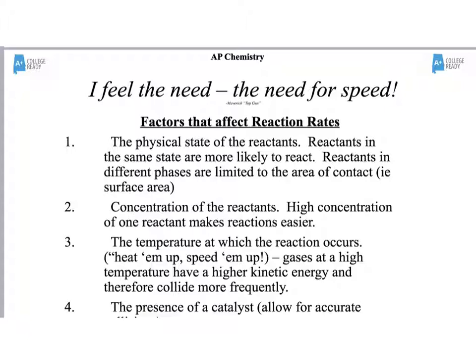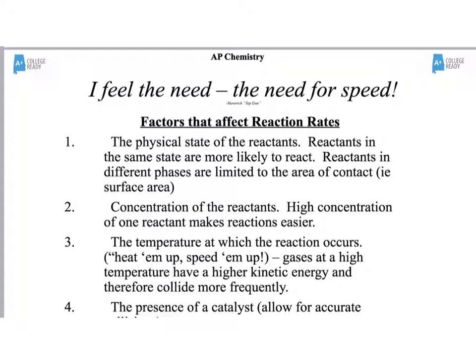So gases at a high temperature have a higher kinetic energy, therefore they collide more frequently, therefore you're more likely to have a collision that is going to cause the breaking of bonds, and therefore the reaction is more likely to happen. The presence of a catalyst. Now, what a catalyst does is reduces the activation energy, and that helps the collision be more effective, meaning the causing of the breaking of the bond.